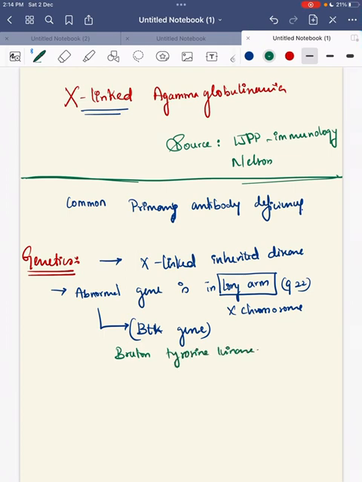This gene is crucial for the early development of B cells. Since there is a mutation in the BTK gene, there will be a failure of B cell development.